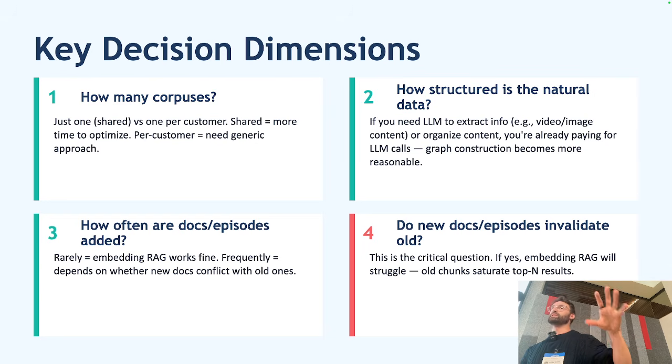That's going to make it really difficult to use an embedding solution. And that's kind of the perfect ideal scenario for a knowledge graph, which resolves those information conflicts in the index itself.